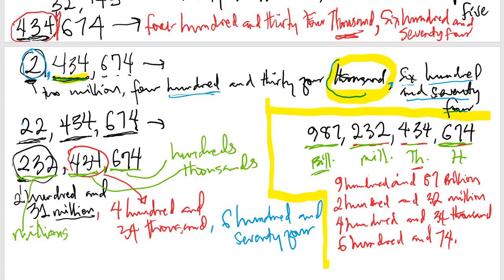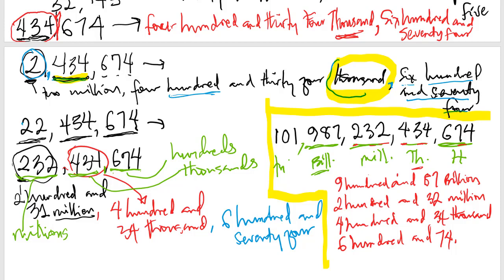Okay, so that's about units, tens, hundreds, thousands, millions, billions. So you can still proceed further to do trillions. Okay, trillion. So you can have maybe something like 101 trillion. That's 101 trillion.